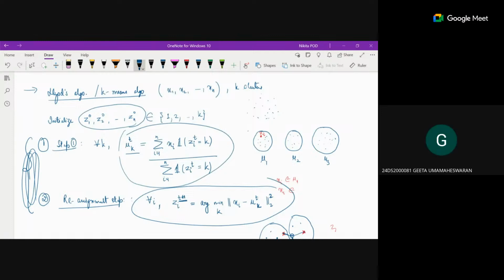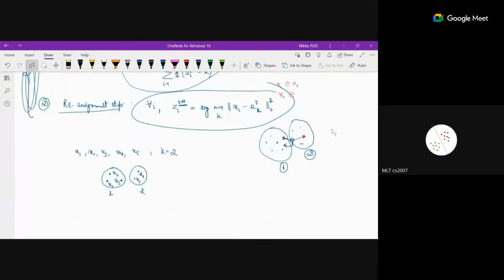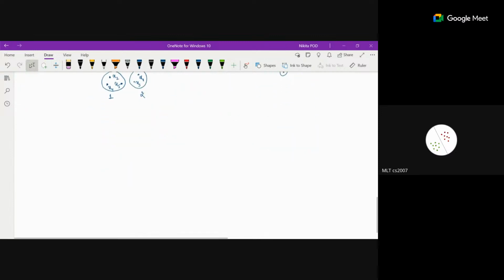Okay. So once the assignment has been done for this data point, then I can say that this is the minimum distance you will have.